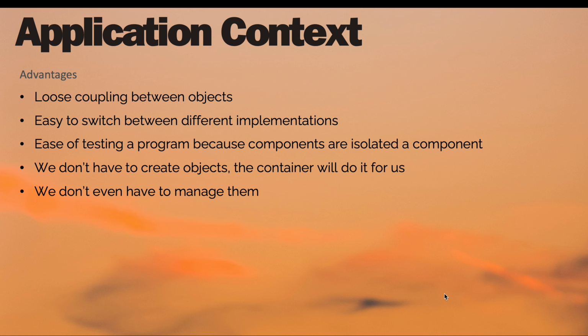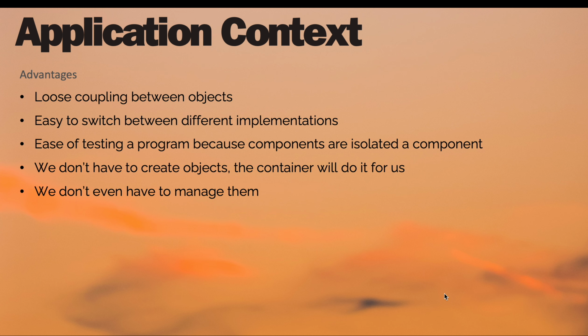We want components to be independent, such that a change in one component does not really imply a change in another component. It shouldn't be that kind of a tight relationship.